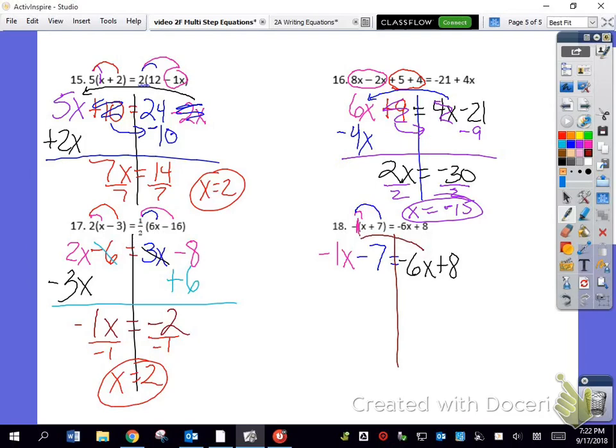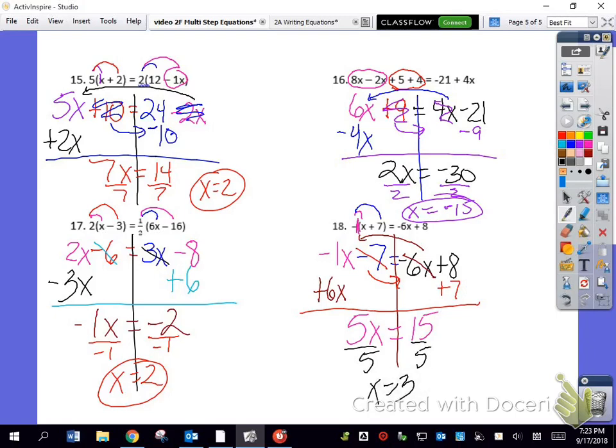So negative x becomes plus 6x when he jumps the fence, and negative 7 becomes positive 7 when he crosses over. So negative 1 plus 6 is 5x equals 8 plus 7 is 15, and then you divide by 5. And x equals 3.